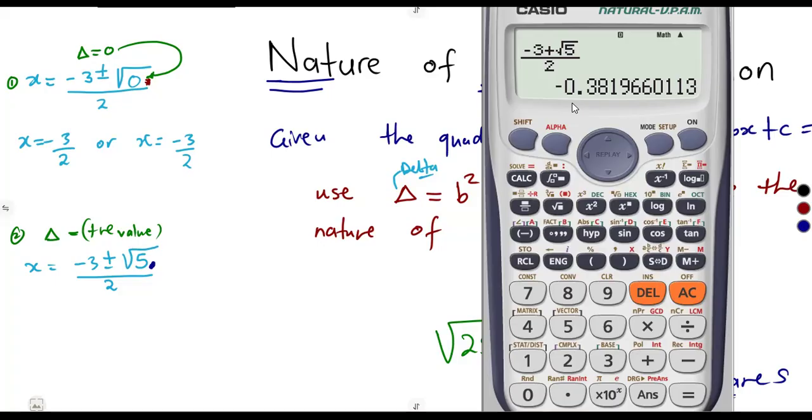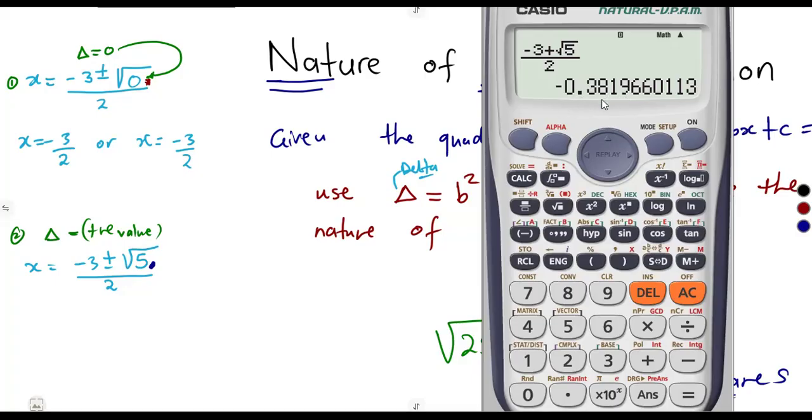But it is an endless decimal, which is not a recurring decimal, meaning this number that we are having here is an irrational number. That's an irrational number. All right.